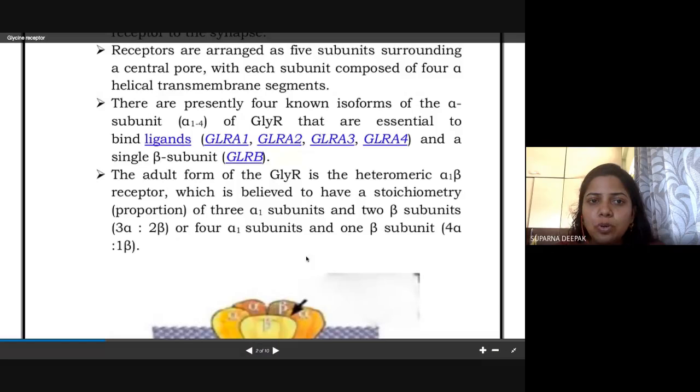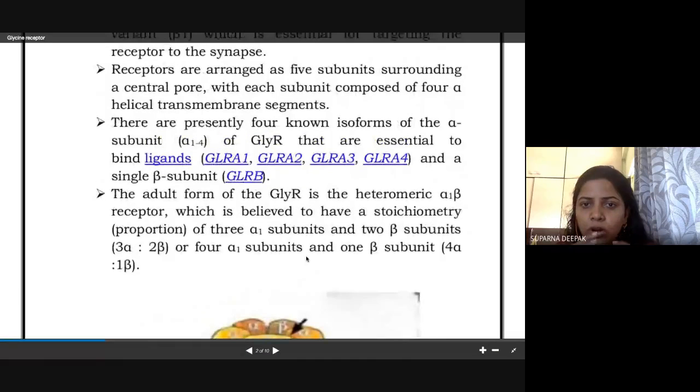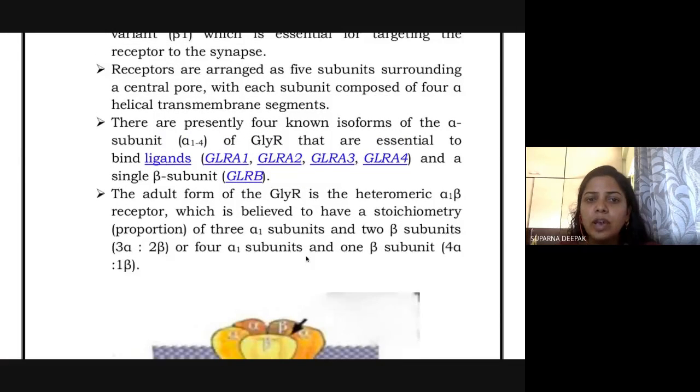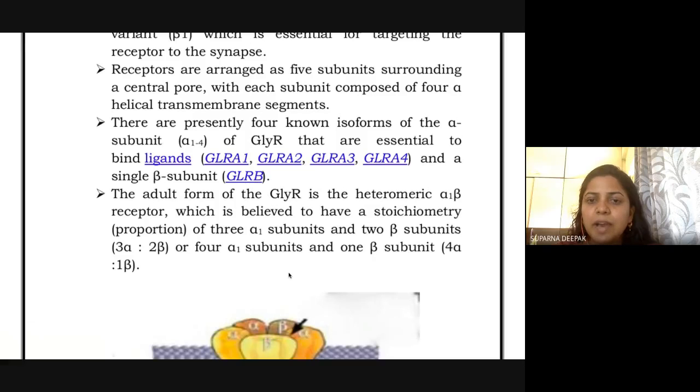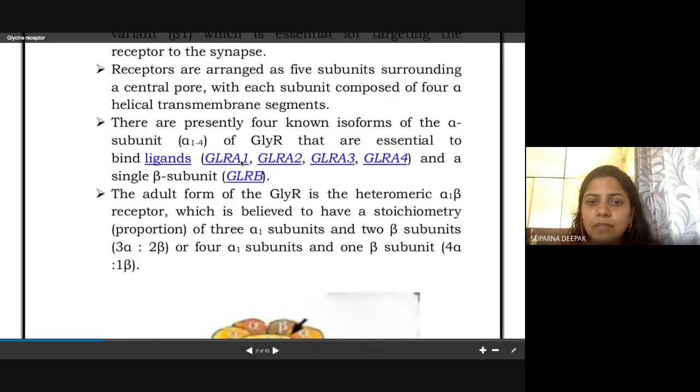And the central portion will form a pore. They are present in 4 isomers, called alpha 1 to 4, depending upon which alpha isomer is binding to it. So it can be present as GLRA1, 2, 3, 4, and there is a single beta subunit.